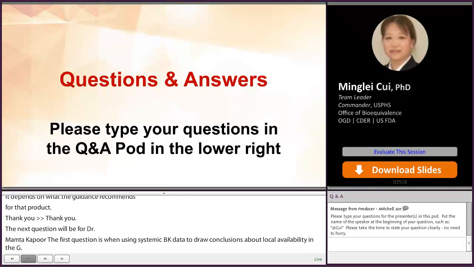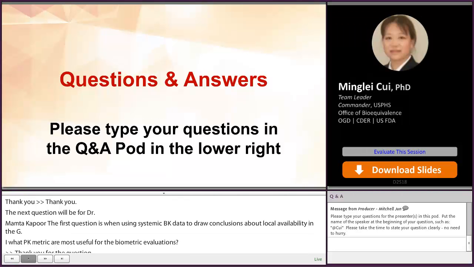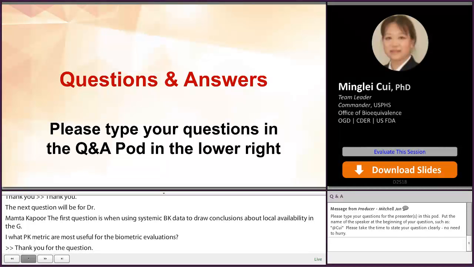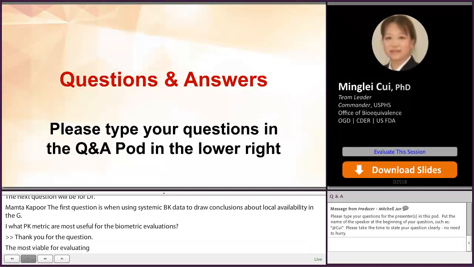Thank you for the question. The most valuable PK metric for evaluating local bioavailability of a drug is partial AUC. Mesalamine, for example, is a locally acting drug, so the primary target site is the colon. However, the absorption site is along the whole GI tract.